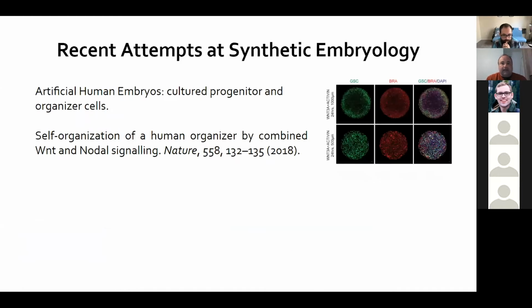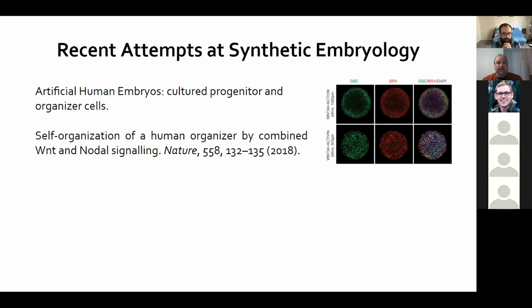And so I think what we're trying to get at is we're trying to build a simulation of an embryo, or we're trying to build something that is generalizable and maybe is synthetic in some way. So there's been some work on synthetic embryology, and it's been a little bit here and there. One example is groups that have developed what they call artificial human embryos.